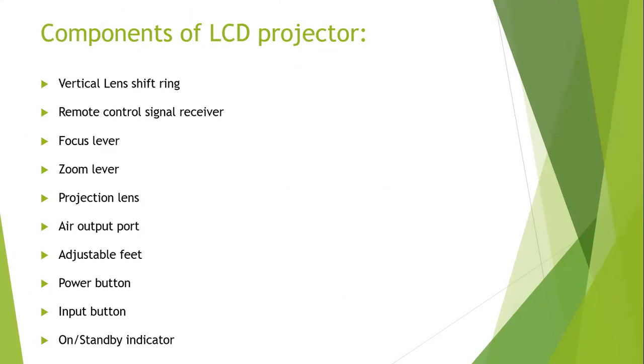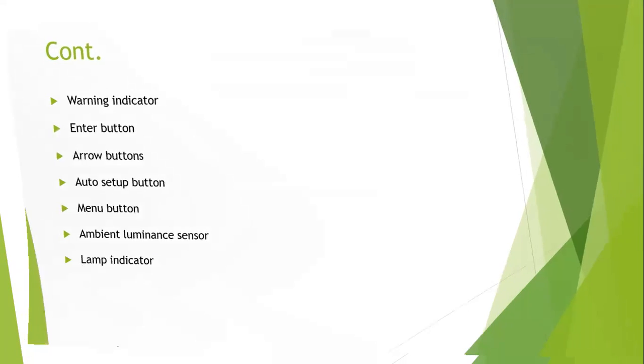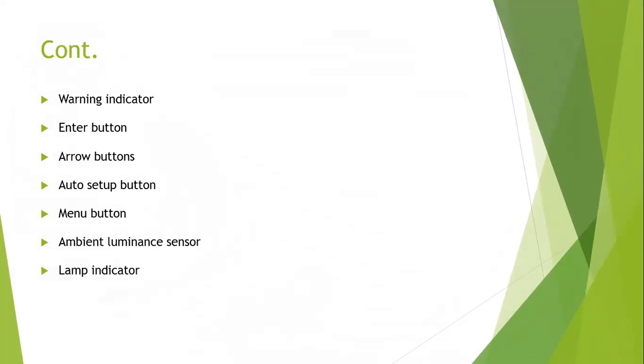So what are the components of an LCD projector? Following are the components: vertical lens shift ring, remote control signal receiver, focus lever, zoom lever, projection lens, air output port, adjustable feet, power button, input button, on/standby indicator, warning indicator, enter button, arrow buttons, setup button, menu button, ambient luminance sensor, and the lamp indicator.